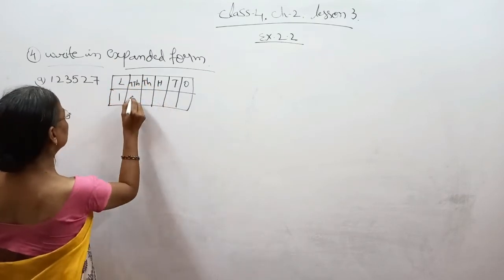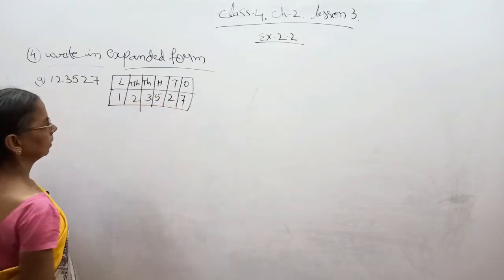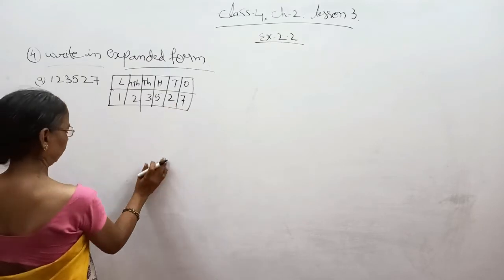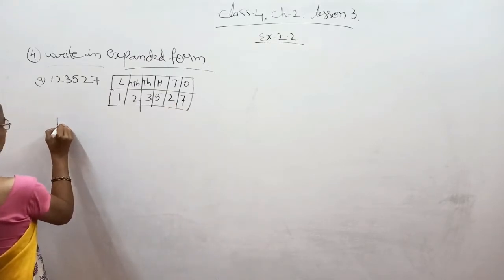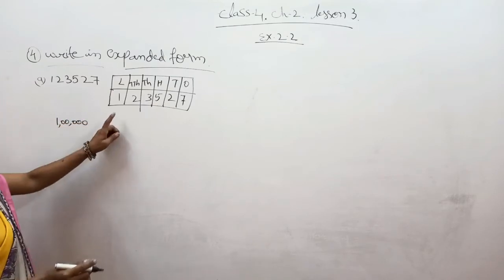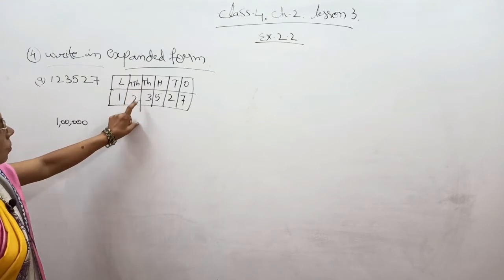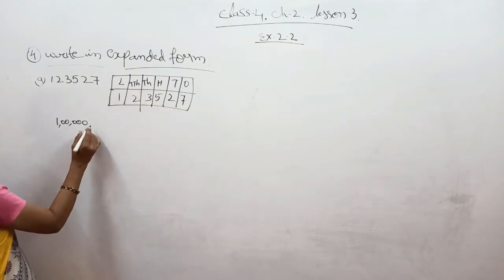That is 1, 2, 3, 5, 2, 7. Now 1 is in the place of lakh, that is 1,00,000. Then these 2, then these 3 digits.